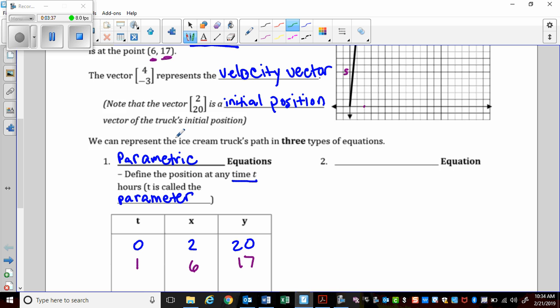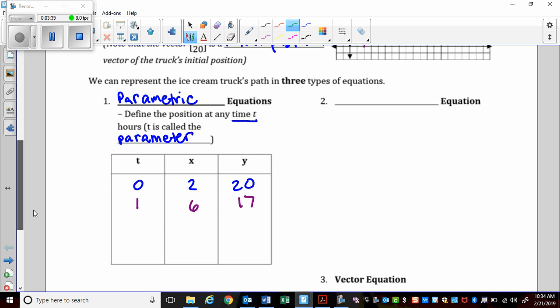Assuming that there's no change, let's keep going. When I go to 2, what did I do to get from 2 to 6? It looks like I can just add 4. So 6 plus 4 is 10. And from 20 to 17, it looks like I am subtracting 3. So I'm going to do it again. 17 minus 3 is 14.